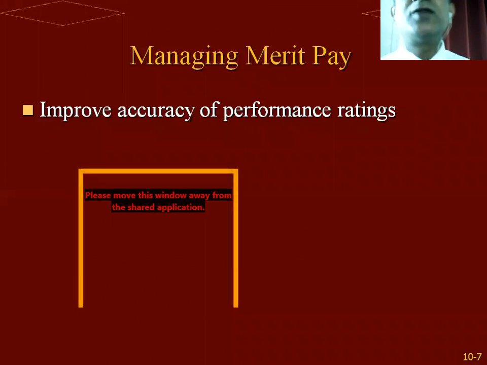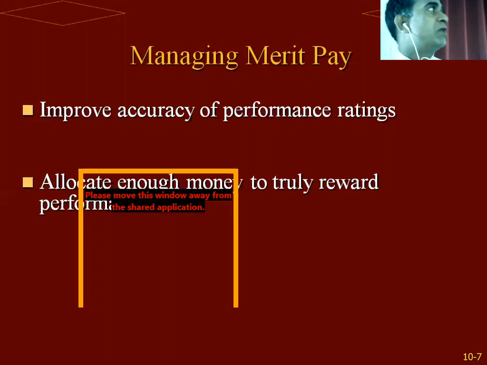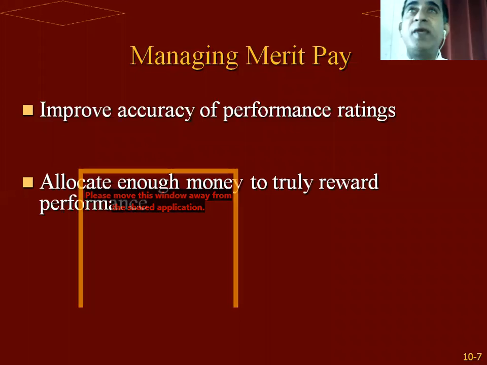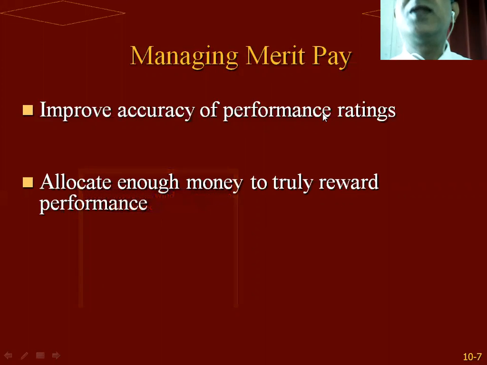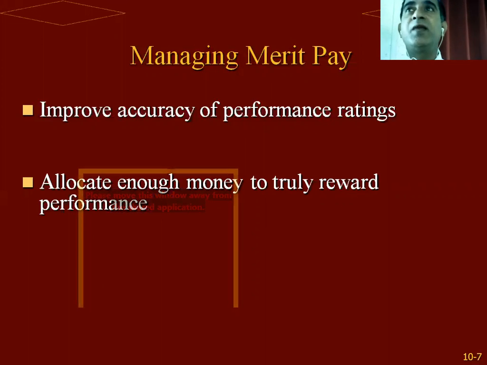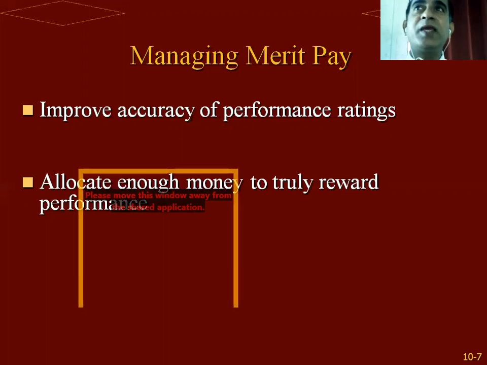Okay, so some issues related to managing merit pay. The first, improve accuracy of performance rating. So if the organization wants to achieve the objective of improving individual and corporate performance, they need to improve the accuracy of performance ratings. So some measure is used to evaluate the employee performance, based on which some increment will be given.